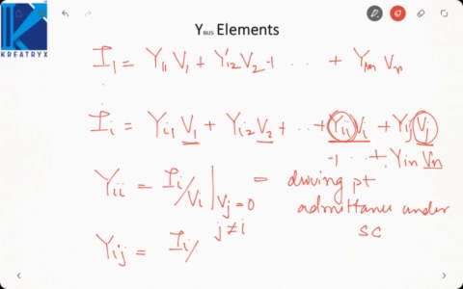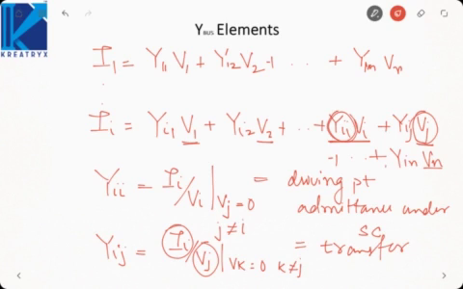So it will be Ii by Vj when all voltages Vk are 0 where k is not equal to j. So since there is a current at one bus and the voltage at another bus, this will be the transfer admittance under short circuit. So this is the physical significance of the Y bus elements.